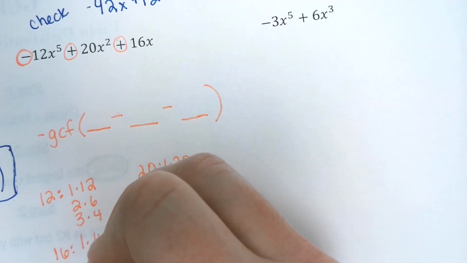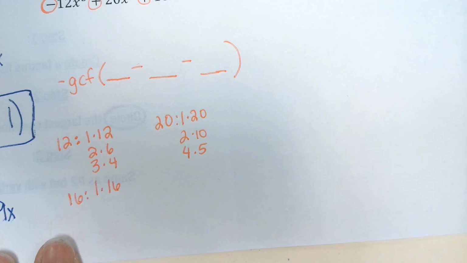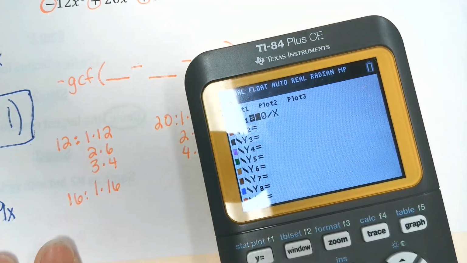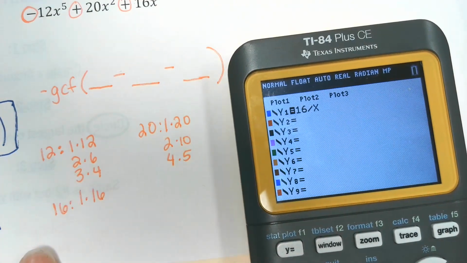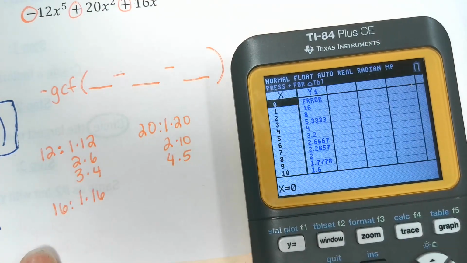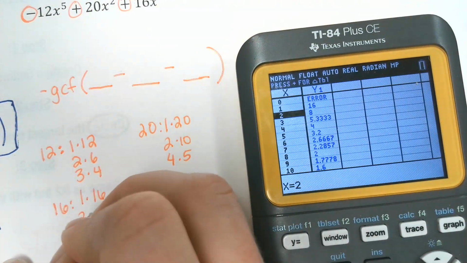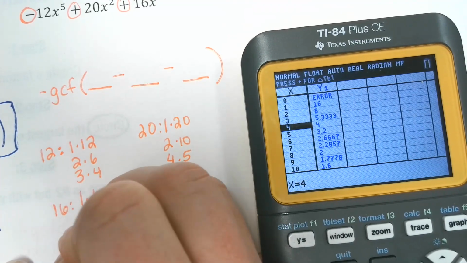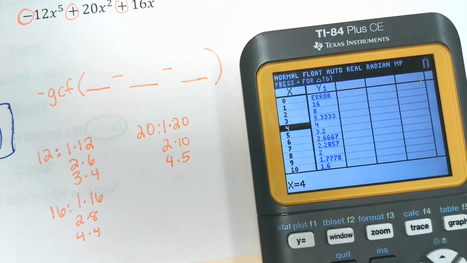And then 16. 1 times 16. 2 times 8, and 4 times 4. Okay, so carefully look and see what is the greatest common factor.